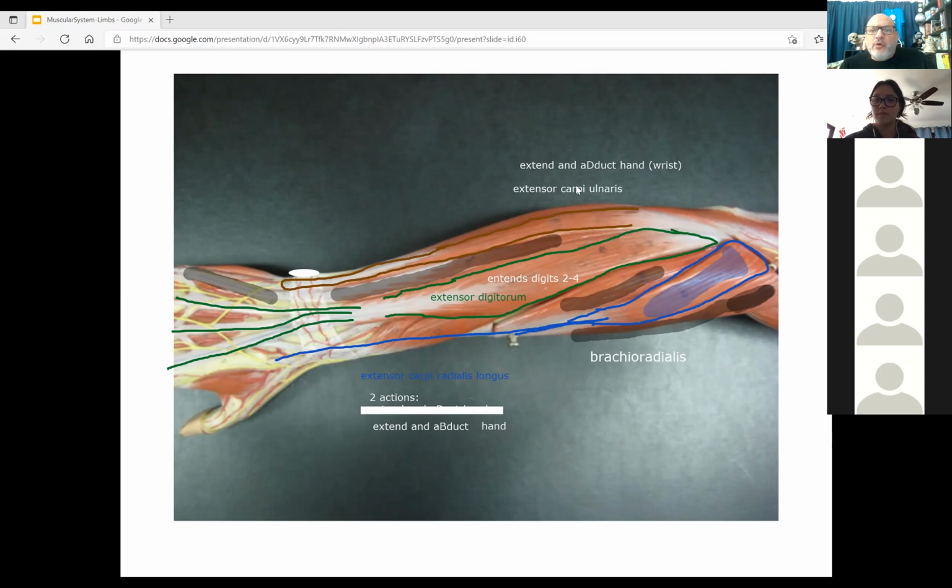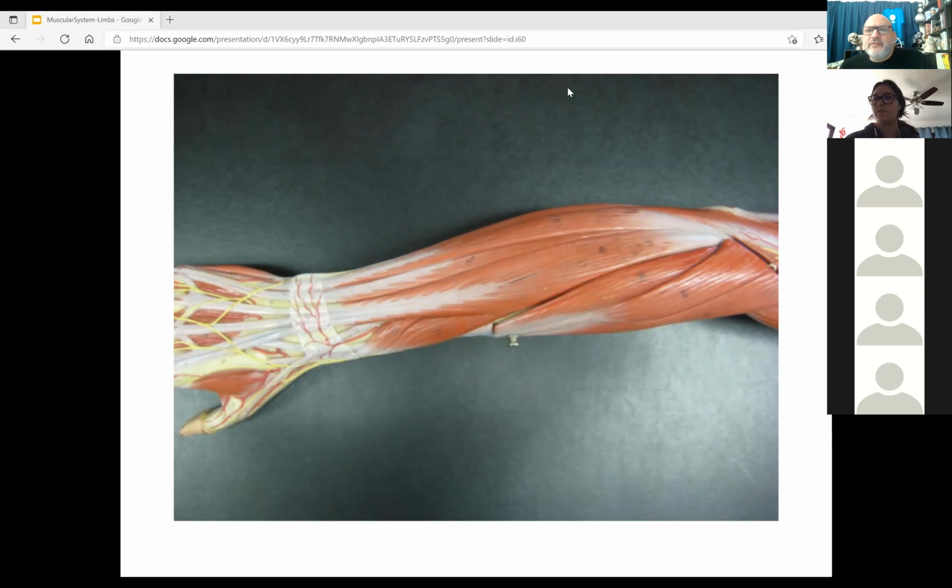While we're here, I want to show you something else. Notice we actually see the belly of the next muscle we're going to be responsible for.